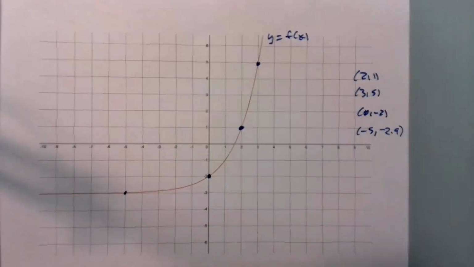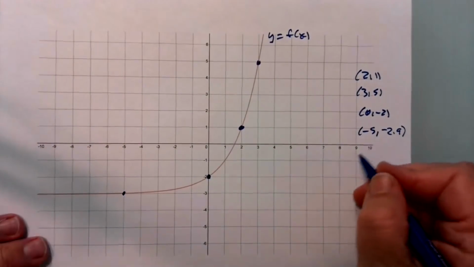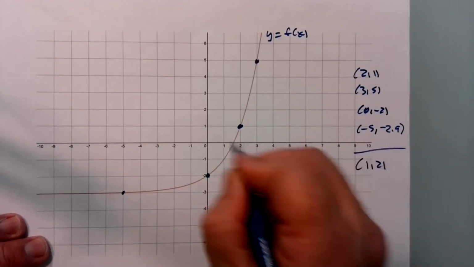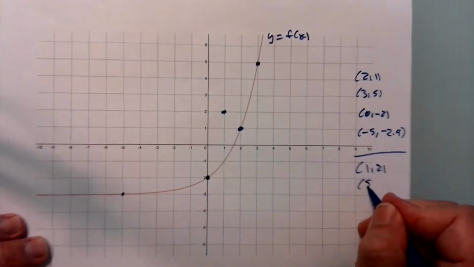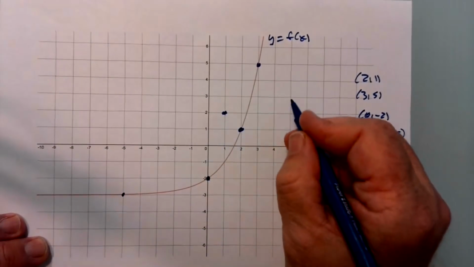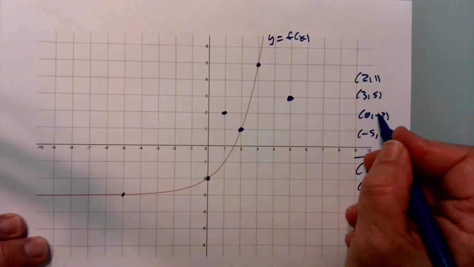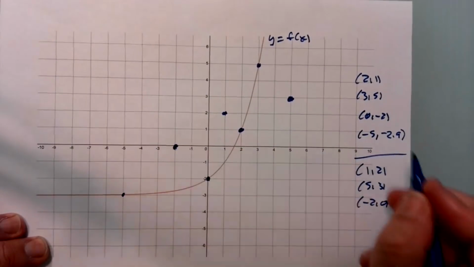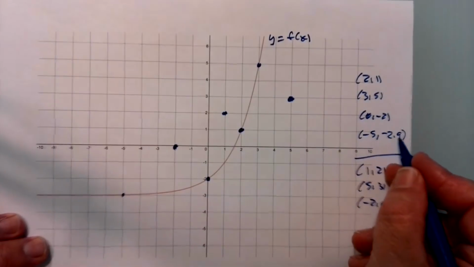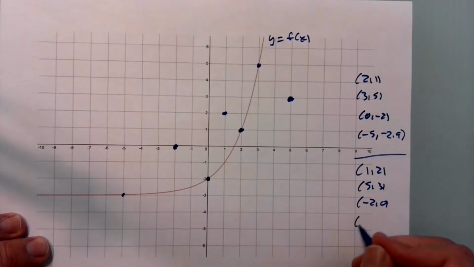But if we want to find the inverse, we've got to switch the order. So 2, 1 becomes 1, 2: 1 on x, 2 on y. 3, 5 becomes 5, 3: 5 on x, 3 on y. 0, negative 2 becomes negative 2 on x, 0 on y. Negative 5, negative 2.9 becomes negative 2.9, negative 5.